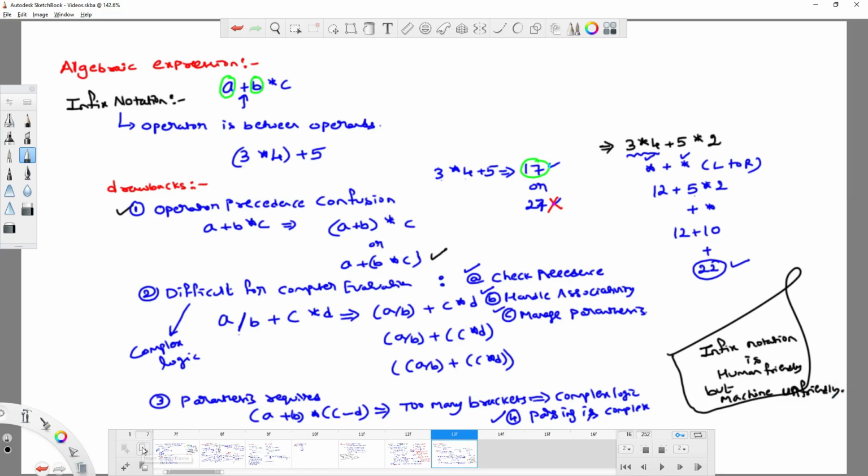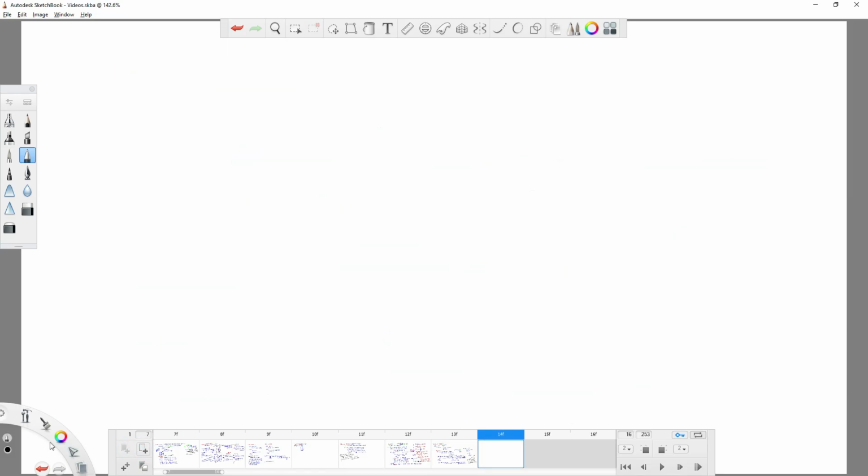Is there any kind of procedure which is machine friendly? Yes. The solution is that there are two kinds of notations: one is postfix notation, and another one is prefix notation.